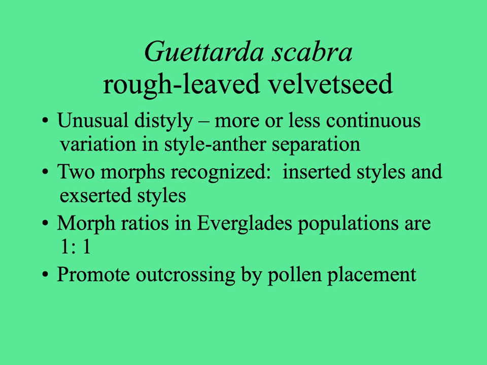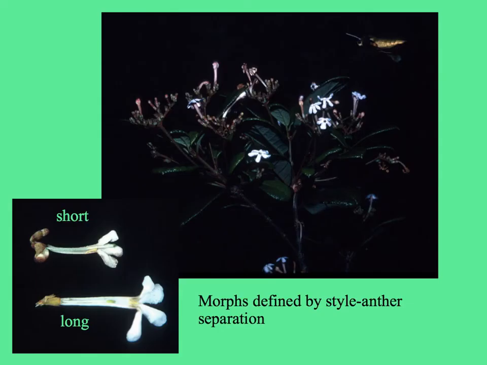If we classify them as those with the styles below the mouth of the corolla, inserted, and those with styles sticking above the mouth of the corolla, above the anthers, because the anthers are at the mouth of the corolla tube, those are with exserted styles, there is a ratio of 1 to 1, and evidence that outcrossing is promoted by differential pollen placement.